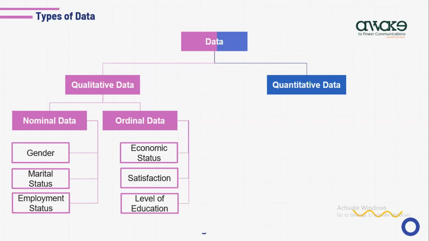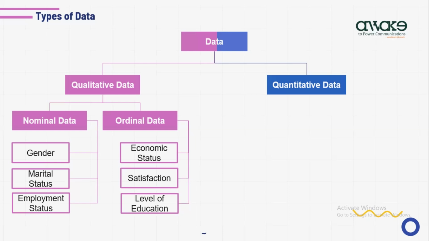I will explain deeper. But what is ordinal data? Ordinal data is a group of variables that are ordered into categories. They have a natural order or rank.